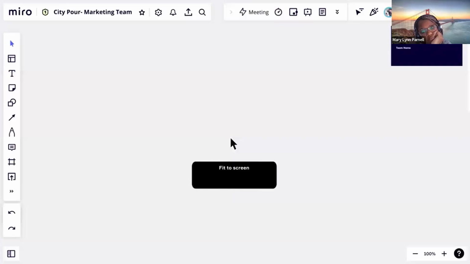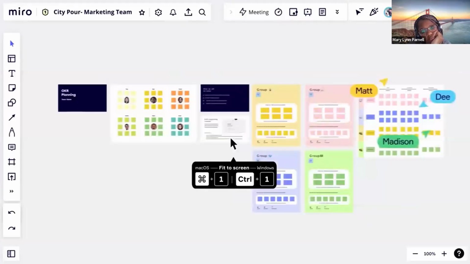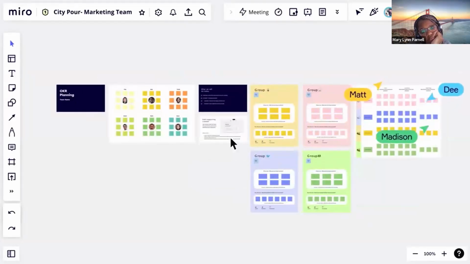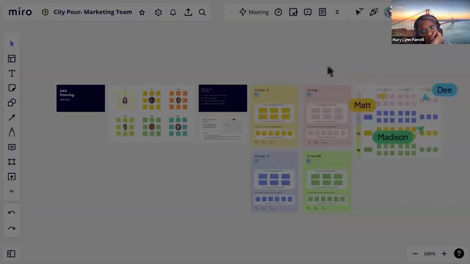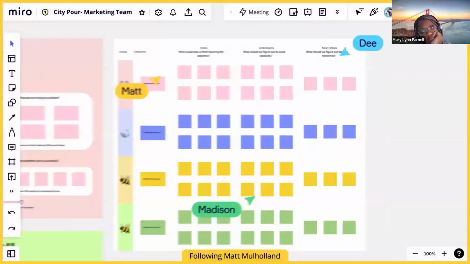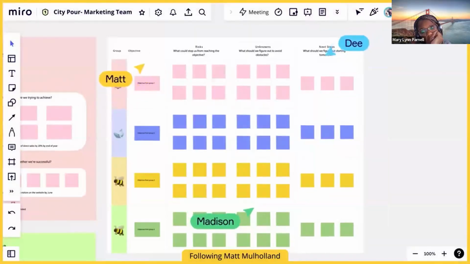If you're moving around and happen to find yourself on a part of the board you didn't intend, there are a few easy and quick ways to reorient yourself. Press Command or Control-1 to center the content on the board, or click the host avatar on the top of the screen to join back in on collaborating. Okay, moving right along.